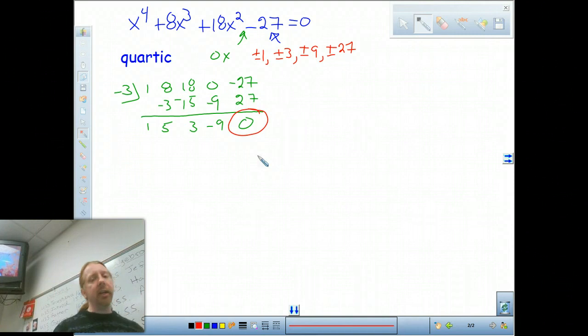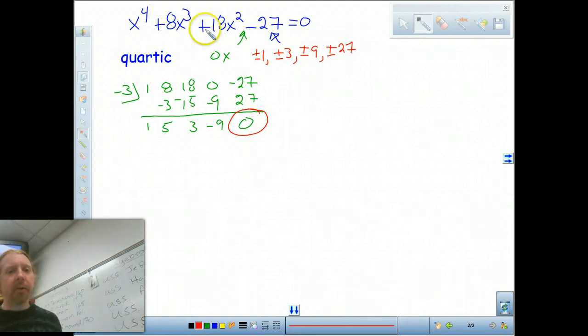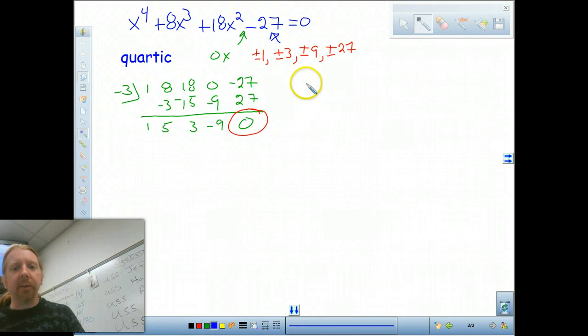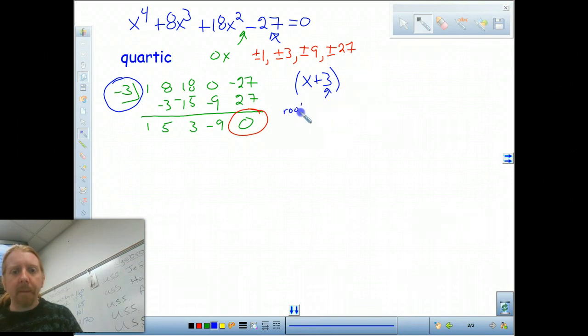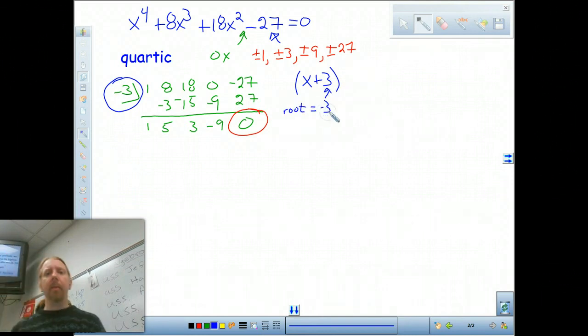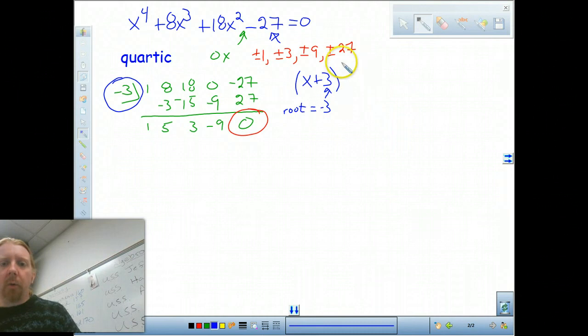So the idea here is rather than rewriting this up here, I'll rewrite the exact same expression, but I'm going to write it in a factored form. So I'll write x plus 3 because I know negative 3 is a root. And then I'll write my quotient that I got from doing the division.